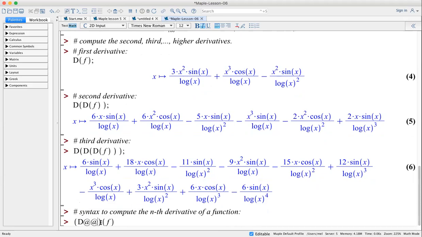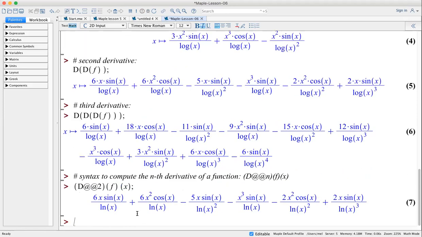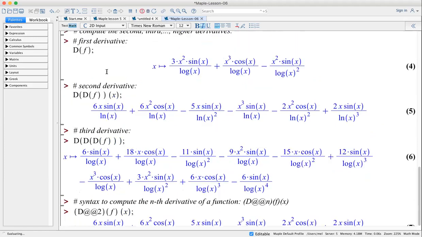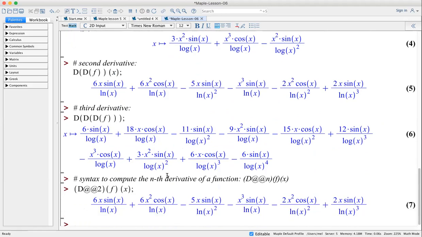So for example, if we wanted the second derivative of f, this is the syntax: D at n of f, evaluated at x, it's that. Exactly this. Let me evaluate this at x so you can really compare them. This is the first, here's the second derivative. It's exactly this.